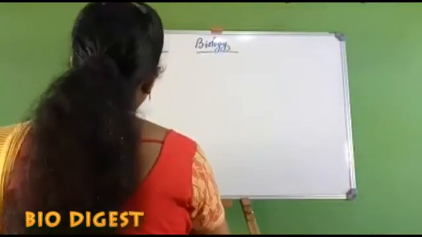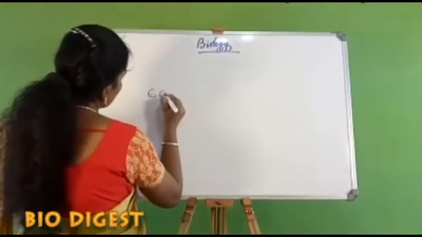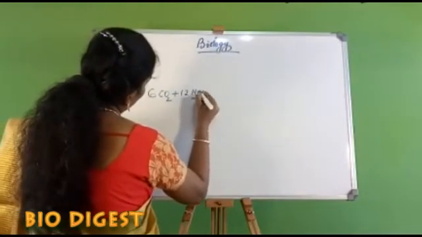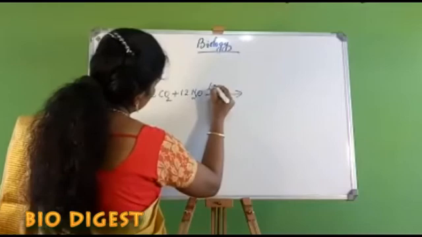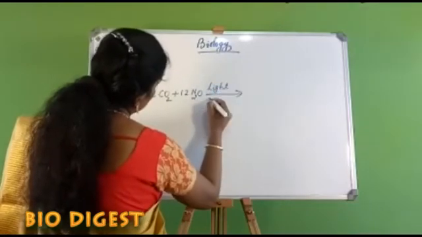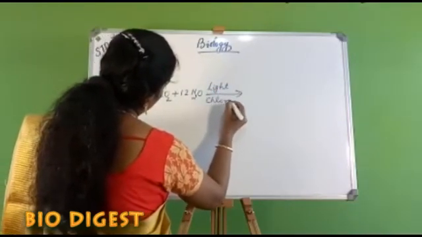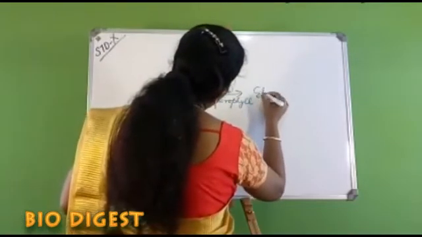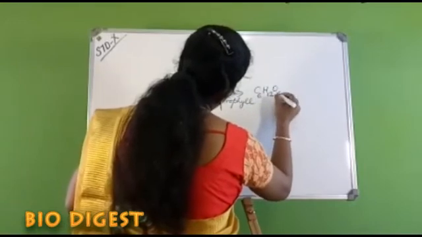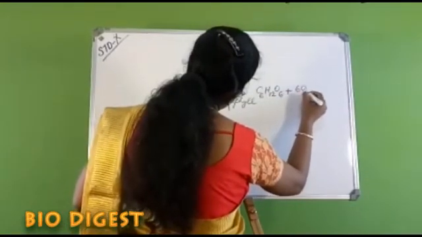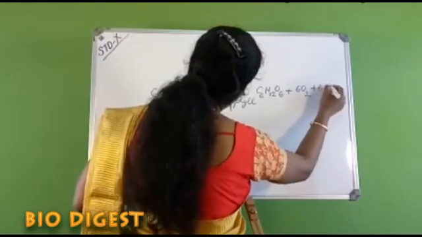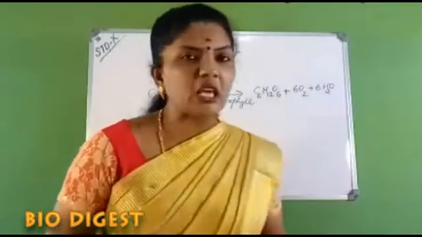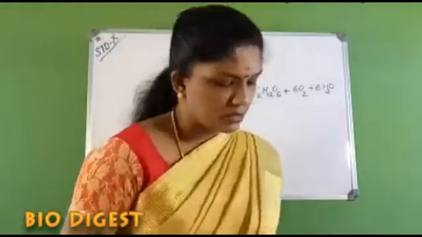So this is the equation: 6CO2 + 12H2O, with light and chlorophyll, gives C6H12O6 + 6O2 + 6H2O. So this is the equation of photosynthesis.